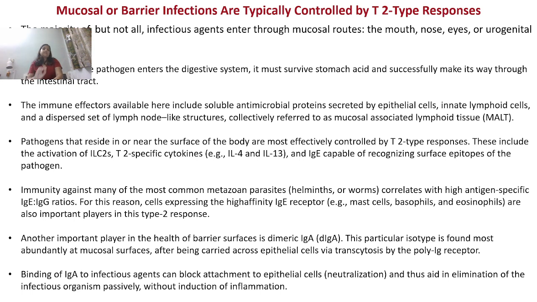So another important player is IgA, or immunoglobulin A. Mostly it is found in our saliva and the mucosal surfaces, and it can cross the epithelial cells via a process called transcytosis. I have also spoken about what transcytosis is.